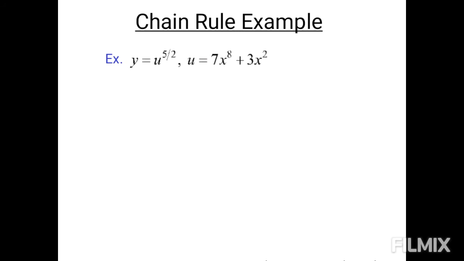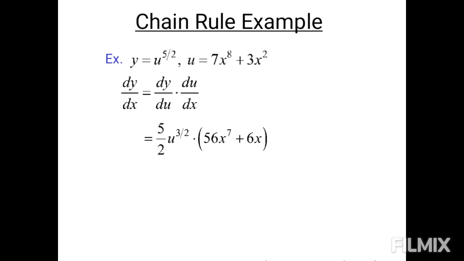Say we have our given y equals u raised to 5 halves, and the value of u is equal to 7x raised to the 8th power plus 3x squared. If I use our chain rule, here is our format. The first thing we need to find, of course, are the derivatives of those two.